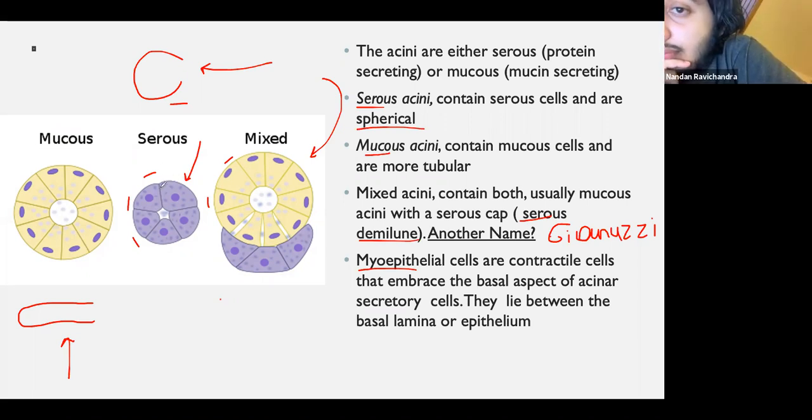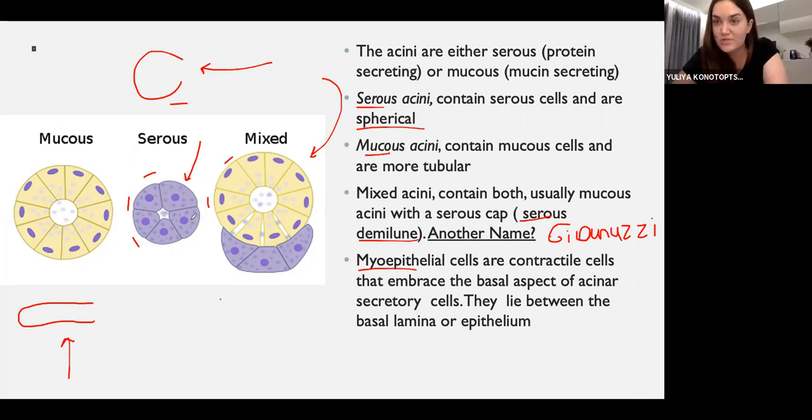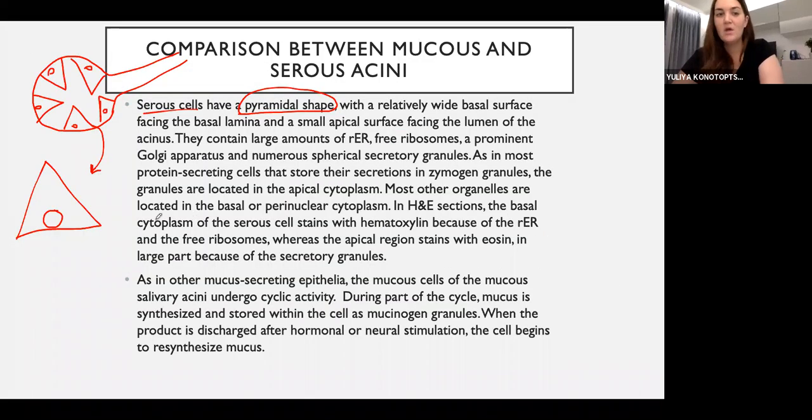But how is the color of an individual cell? It has two colors. It is basophilic and acidophilic. Where is the basophilic? At the base. So the base area of the serous cell, what is its color? Its color is purple. It is basophilic. But its apical area, the top, is going to be acidophilic. It is red. It is eosinophilic.